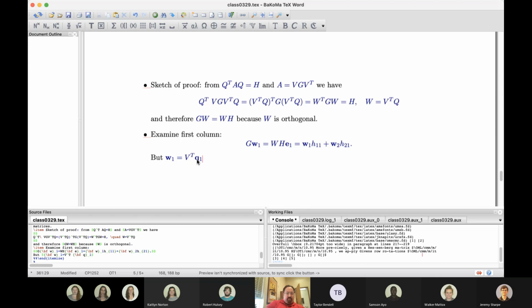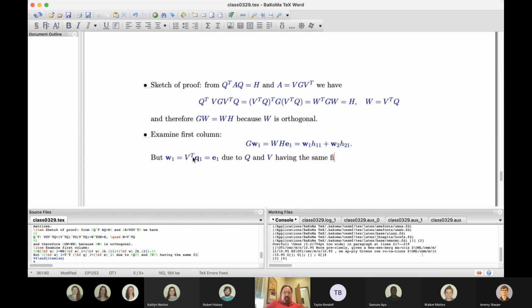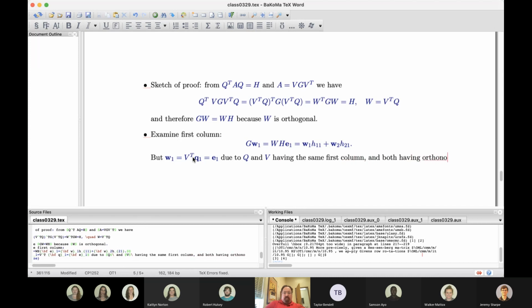So this vector is all zeros except the first entry, which is a 1. This is because of Q and V having the same first column and both having orthonormal columns.